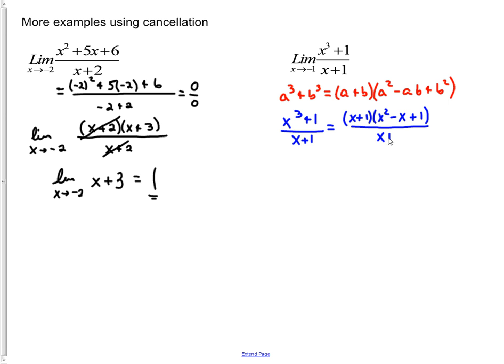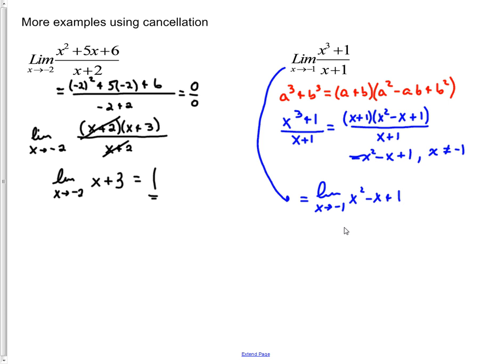Well, that means that the function x squared minus x plus 1 is the same as x cubed plus 1 over x plus 1, except at x equals negative 1. So once again, we have the ability to say that our original limit is the same as the limit as x approaches negative 1 of x squared minus x plus 1.